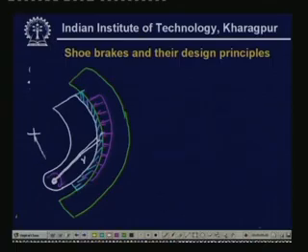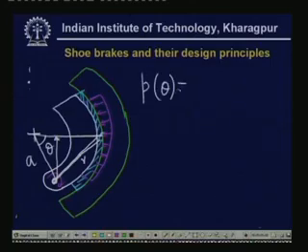This is the center, and this distance, let us say, is A, and if you consider this angle to be theta at any point, then what could be proved is that the pressure distribution here, P theta, will be a function of sin theta, because it can be proved from the geometry that if the rotation is gamma, then the pressure developed will be equal to this deformation over here.